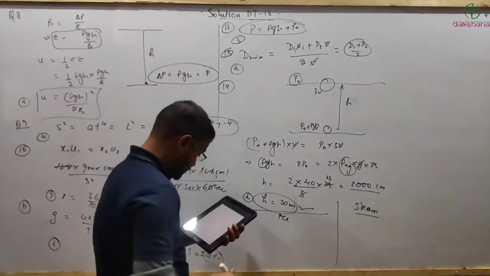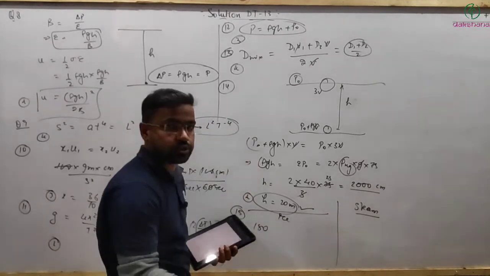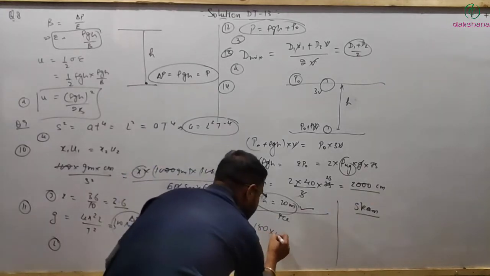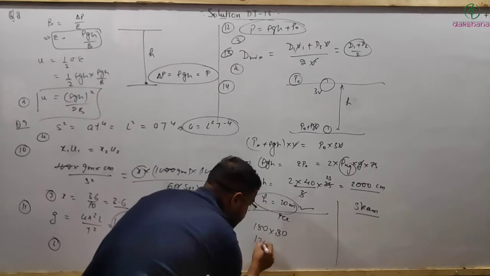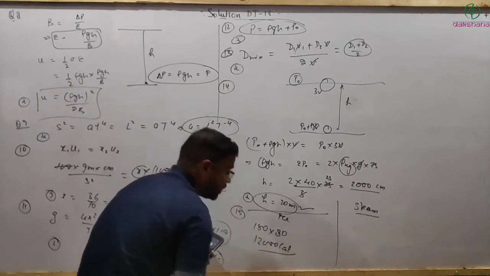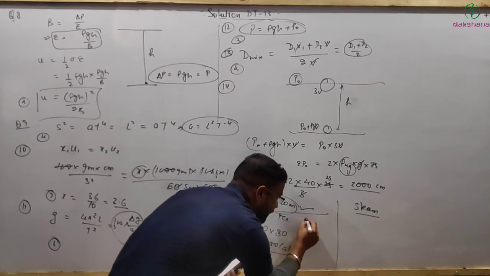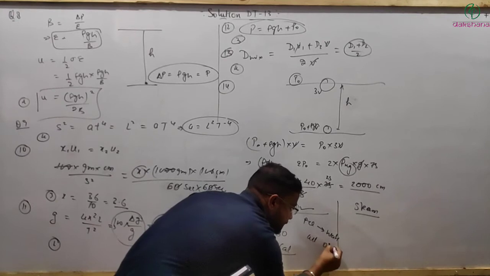So 150 gram ice to melt, just to become water at 0 degree Celsius, heat required is multiplied by 80, and that's coming out to be 12,000 calorie. So this is ice to water at 0 degree Celsius.